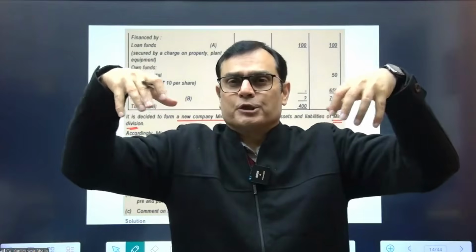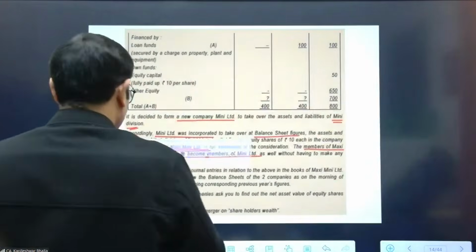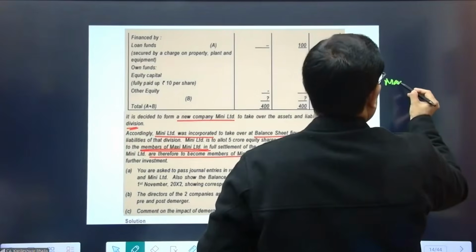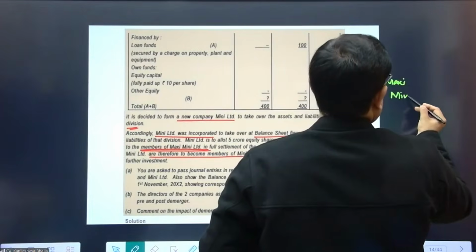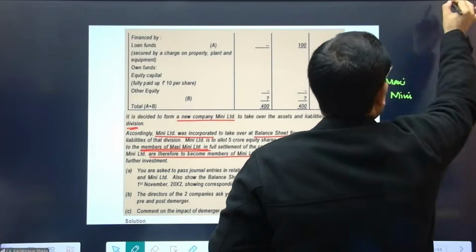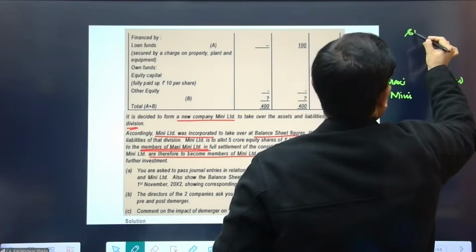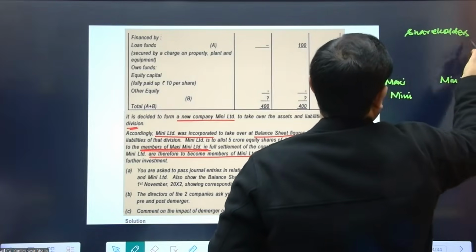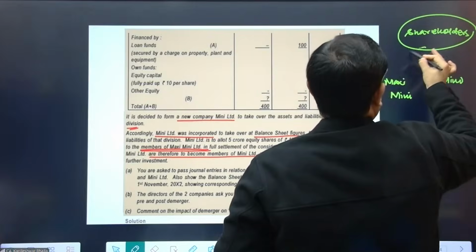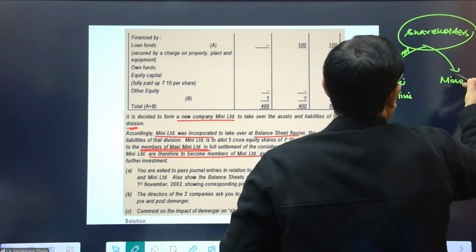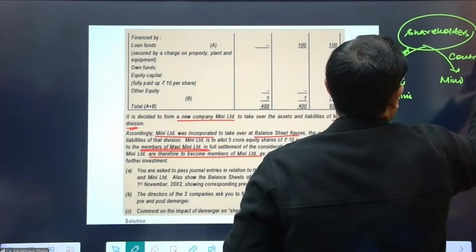So you can say the transaction is happening between Maximini and Mini. Just visualize this, that there is a company Maximini and there is now a company Mini. So we can say there are certain shareholders, maybe one shareholder or maybe certain set of shareholders. So these shareholders had a control over Maximini. The same people have got a control over Mini as well.